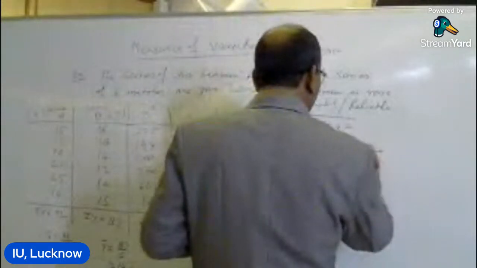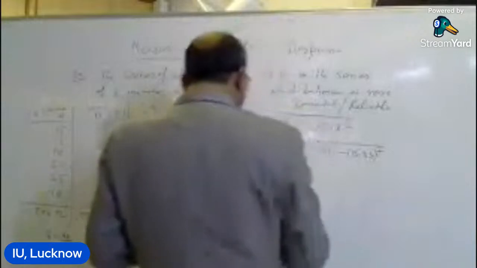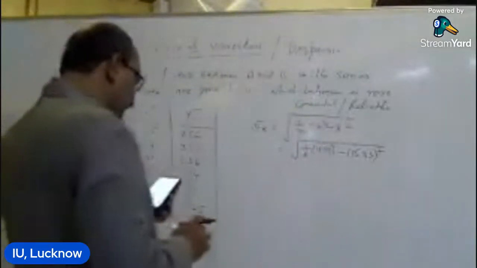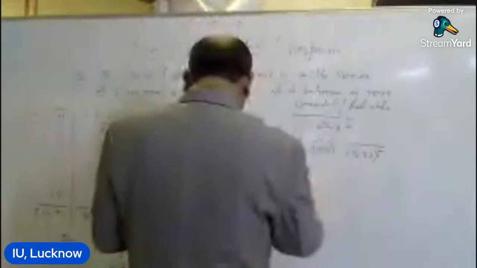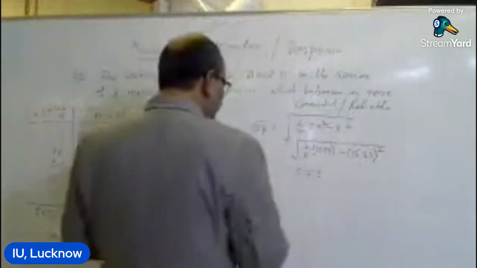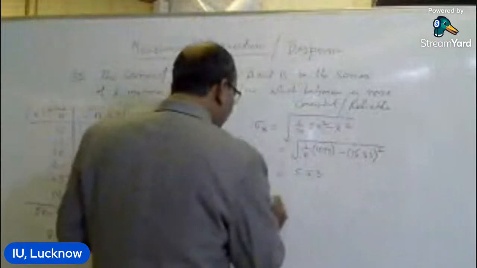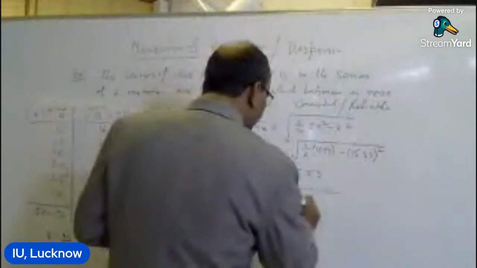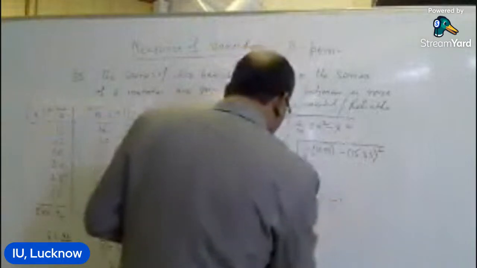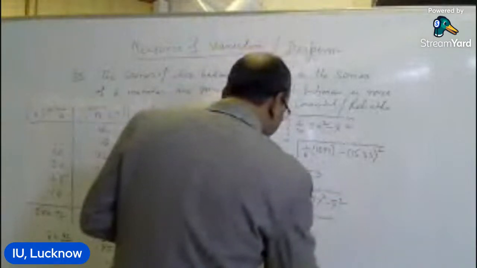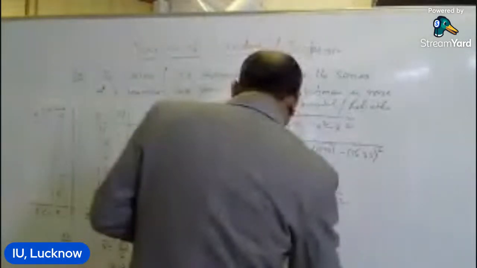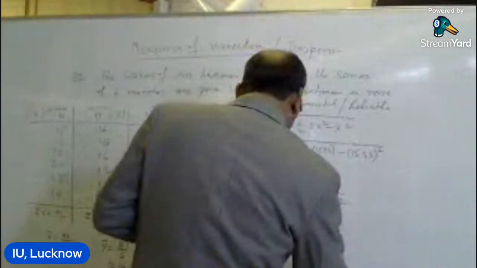So after solving this, you will get the standard deviation of x, 5.53. Similarly, the standard deviation of y, and the formula is 1 upon n summation y square minus y bar square, and this will be 1 upon 6 summation y square, which is 1305, minus the mean of y.